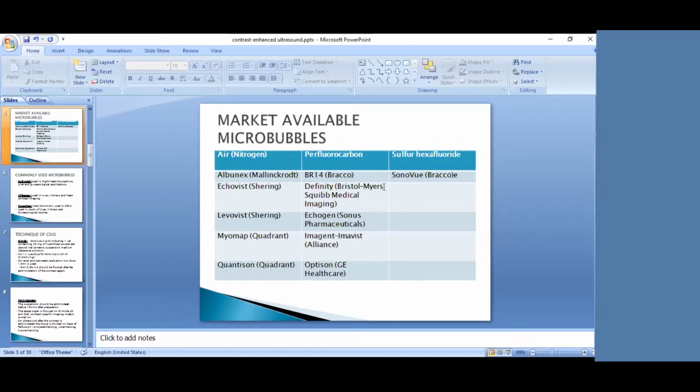Microbubble contrast agents, okay, and we divide them according to the core. If the core is air or nitrogen, those are the widely available contrast agents. Perfluorocarbon, those are contrast agents, and if it is sulfur hexafluoride, this is the present contrast agent.